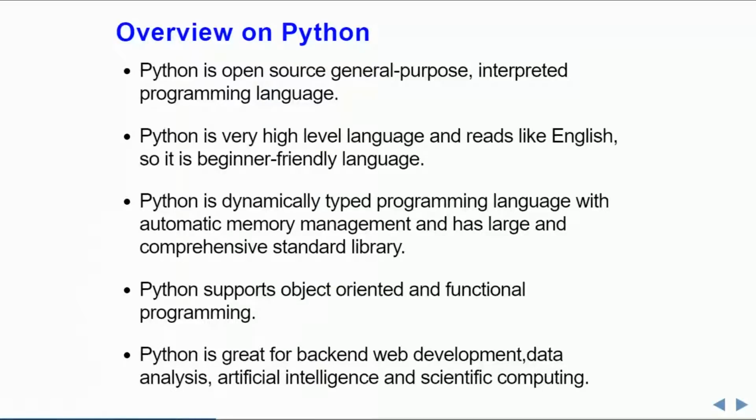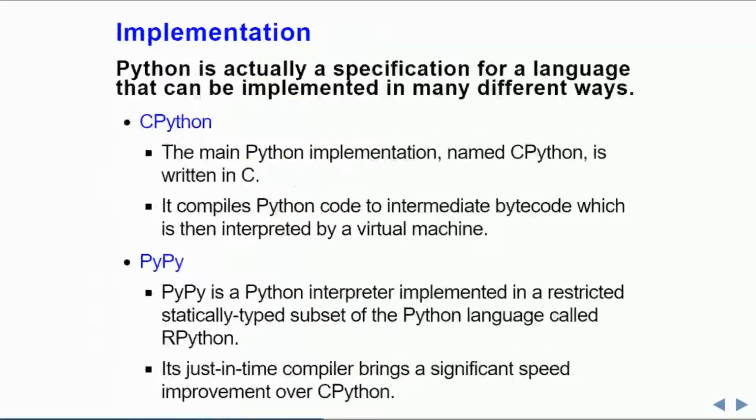Python supports object-oriented and functional programming. Because of the use of functional and object-oriented programming techniques, Python code is well structured with reduced duplication. Python is great for making applications in web development, data analysis, artificial intelligence, and scientific computing.